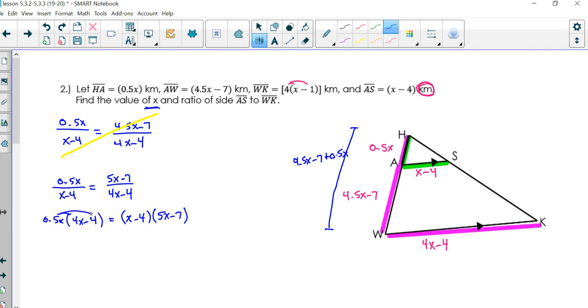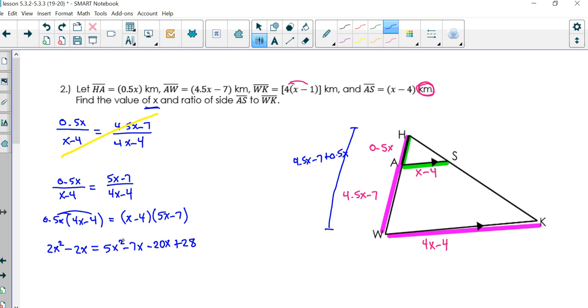Over here, when we distribute, half of 4 is 2, and then be careful that you have your 2x squared. Over here, half of 4 is negative 2, and then we have to bring that x with it. Over here, we're going to get a 5x squared minus a 7x minus a 20x, and then plus a 28.